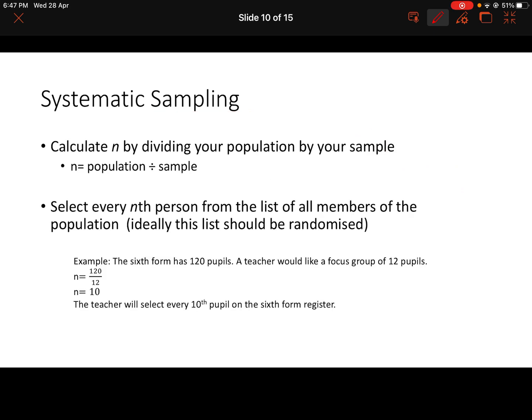So let's have a look at this example. So how do you actually go about selecting a systematic sample? In order to determine what we mean by every nth person, in order to calculate n, we need to divide our population by our sample. So in the case above, we had 300 A-level pupils, and we wanted a sample of 30.